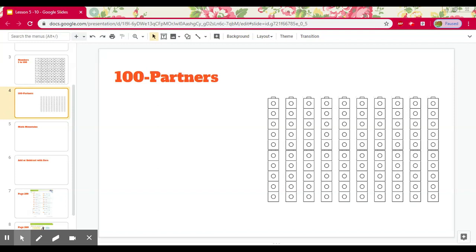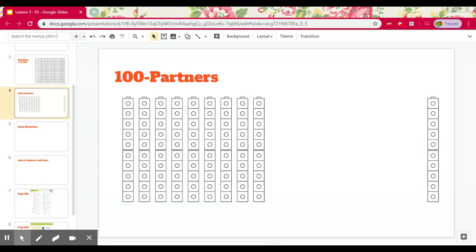Just like we have 10 partners, there are 100 partners. That means we have two numbers that add together to equal 100. If we wanted to solve the problem 90 plus 10, we can use our 10 sticks. Please count by tens with me. 10, 20, 30, 40, 50, 60, 70, 80, 90.